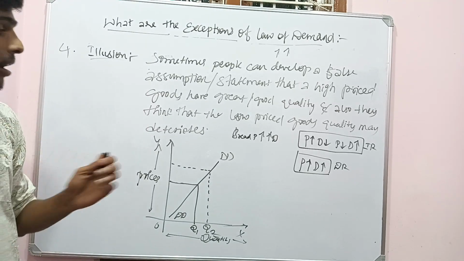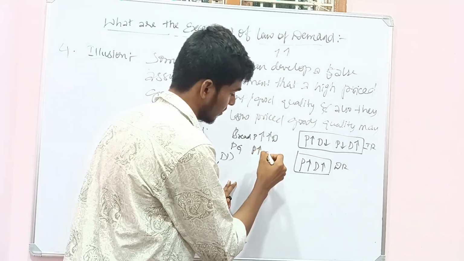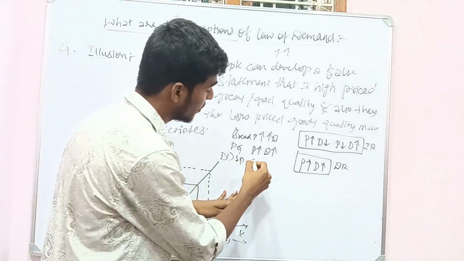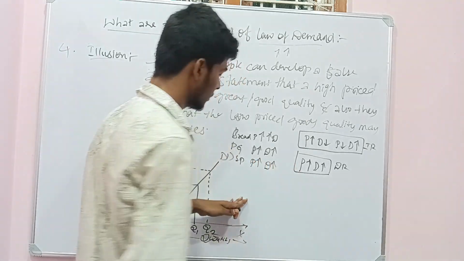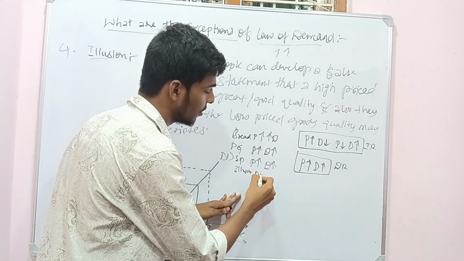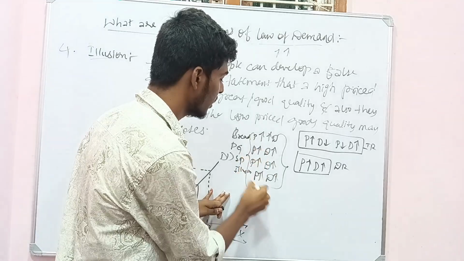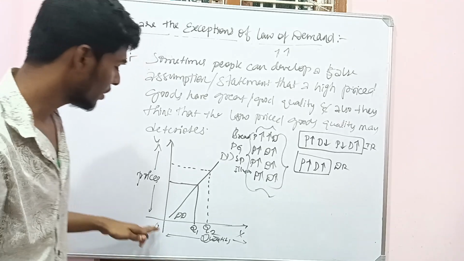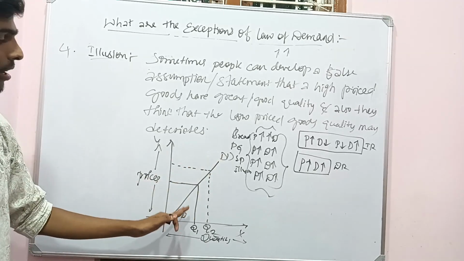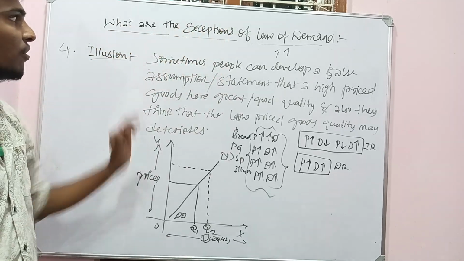In the second one, the Veblen effect, if the prices of prestigious goods increase, the demand also increases. In the third one, speculation, the price of the goods increased, the demand also increased. In illusion, a false statement is developed in the people's minds; the price of the goods increased, the demand also increased. In all of these there is a direct relationship. Therefore, the demand curve will be like this, increasing from left to right. These are the exceptions of the law of demand.